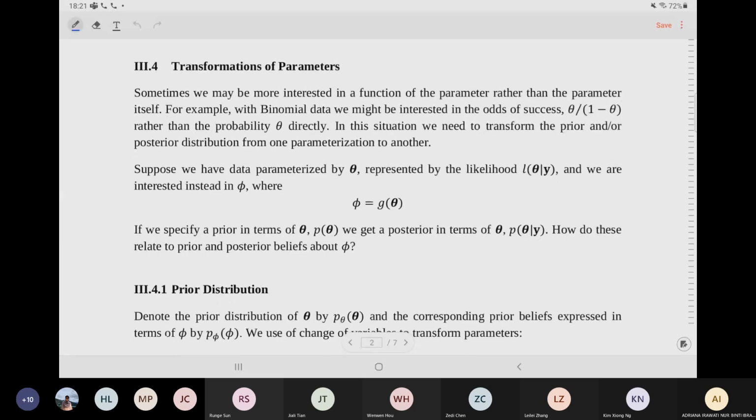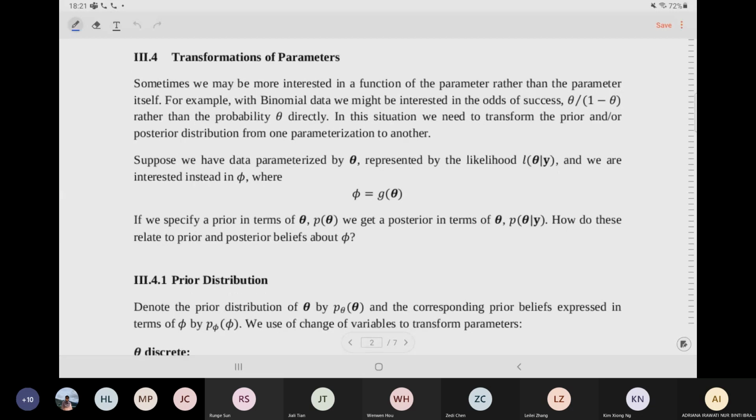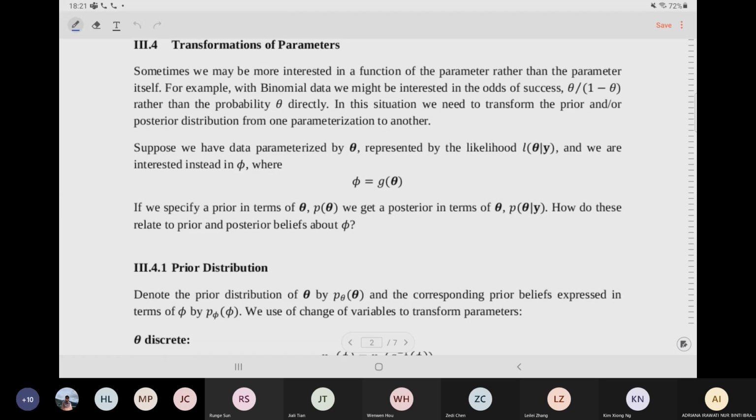For example, if you have a binomial, we might be interested in the odds of success, theta over 1 minus theta, rather than theta itself. So when we do this, we need to transform the prior and or the posterior from one parameterization to another, meaning we have to transform the parameter, and that means we have to transform the distribution: the prior, the likelihood, and also the posterior.